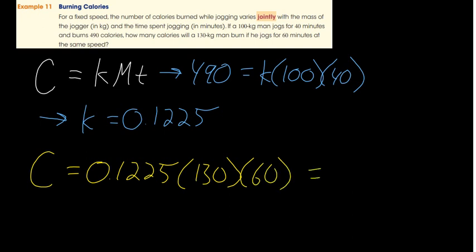So I just basically have to multiply all that together: 0.1225 times 130 times 60. So he's going to burn 955.5 calories. Whew, that does conclude today's lecture.